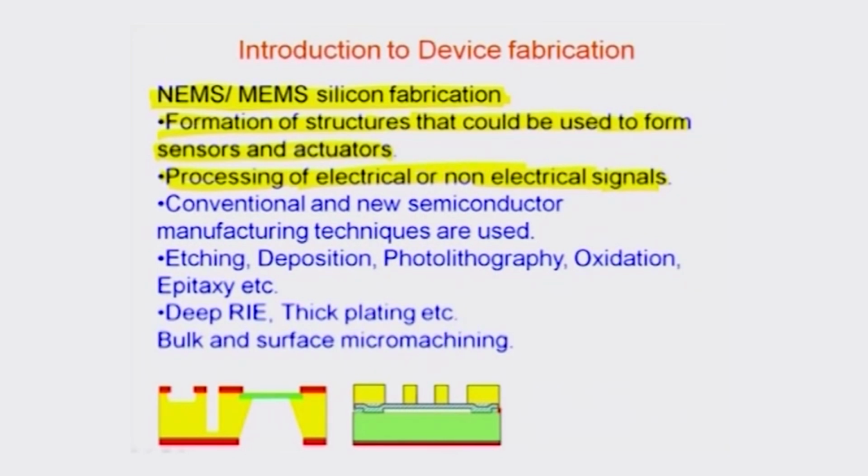And for production of these you have to use some conventional and some new semiconductor manufacturing techniques in the MEMS region. And some of these manufacturing techniques could be something like chemical machining like etching. It could be gas based or based on some chemicals.